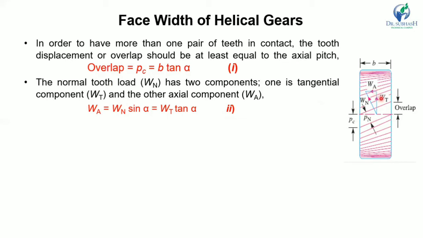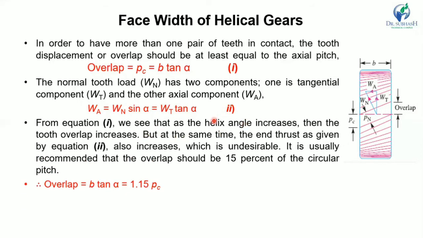This component is known as WT, the tangential component, and this is the axial component, denoted by WA. Therefore, from this triangle, we can say WA is equal to Wn sin alpha is equal to Wt tan alpha. So the relation between the axial component and the normal and tangential components is given with this equation.